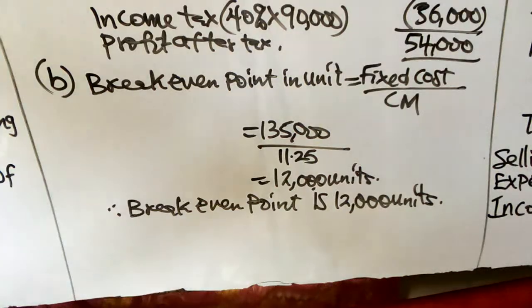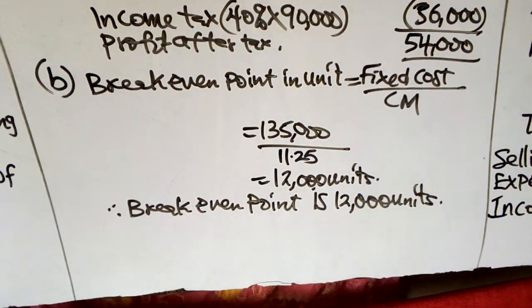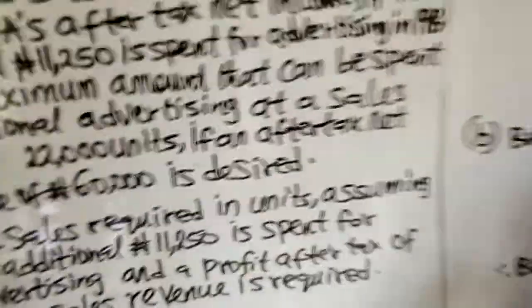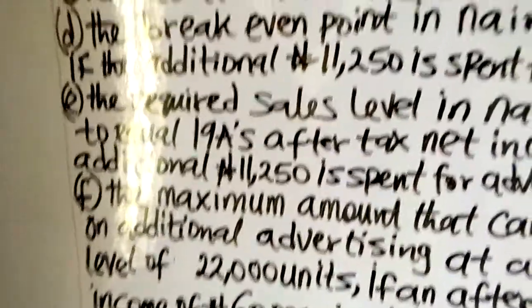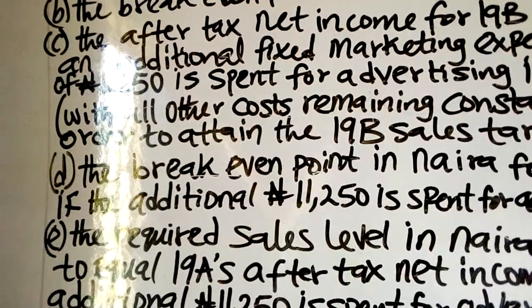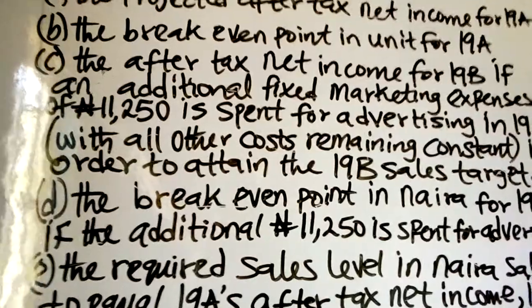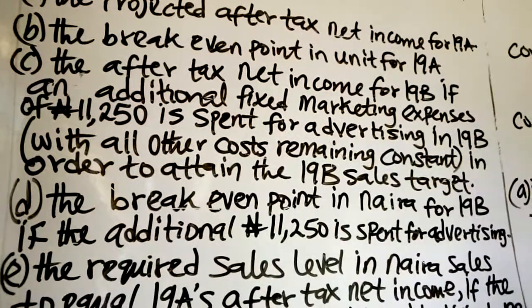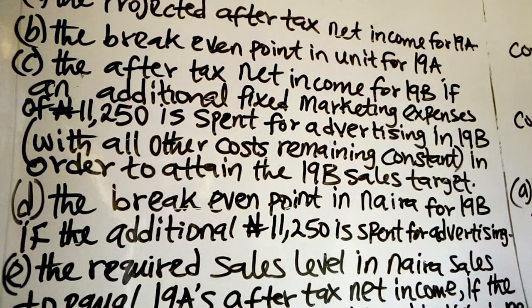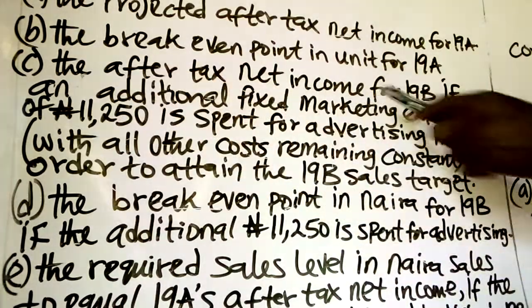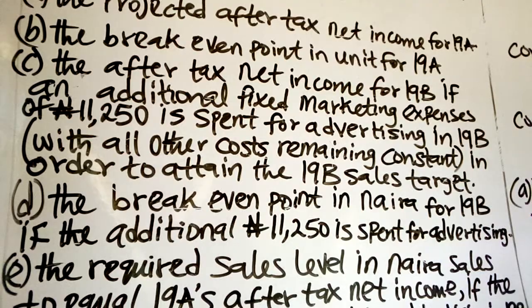Then back to requirement C. In the C aspect of the question, you have to calculate the after tax net income for 19B.